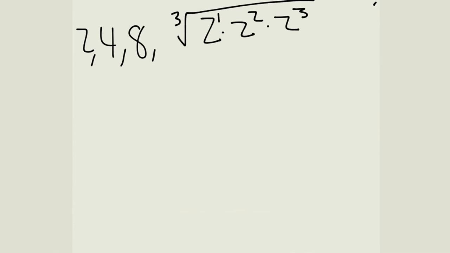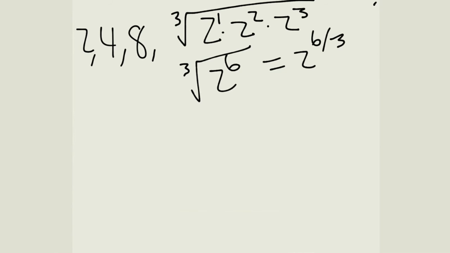So 1 plus 2 plus 3 is 6. So this equals 2 to the 6 divided by 3. You never really have to do any big multiplication there.